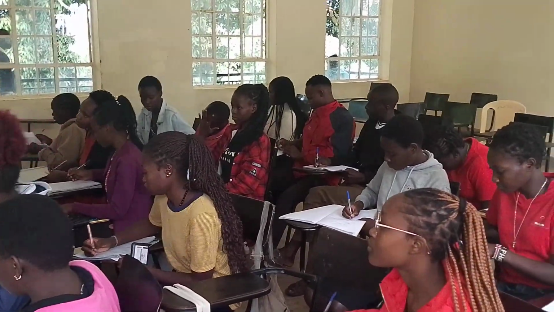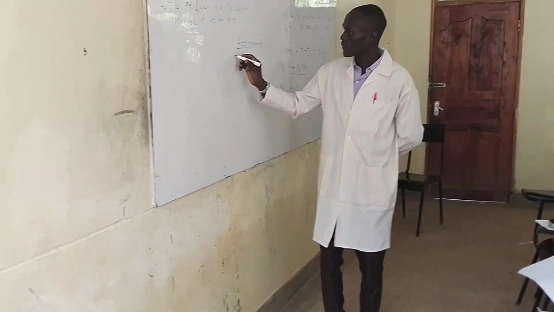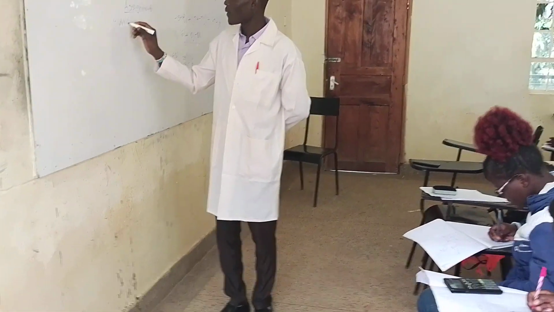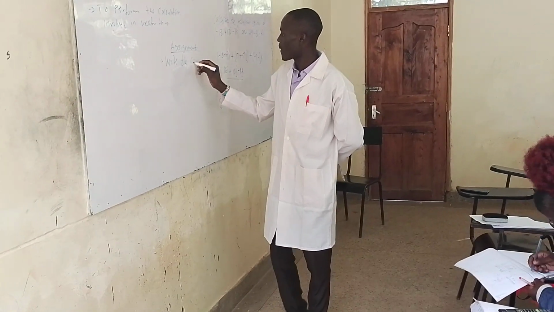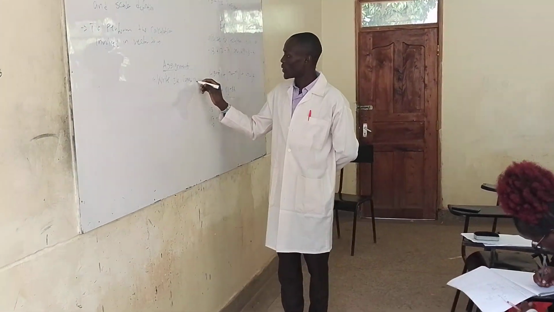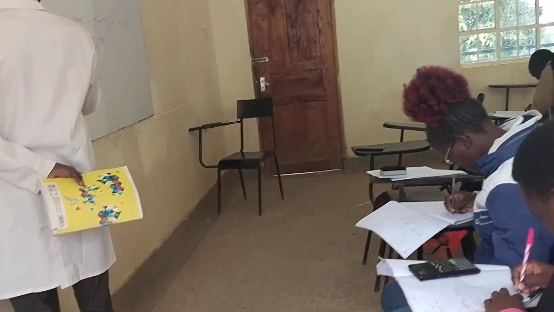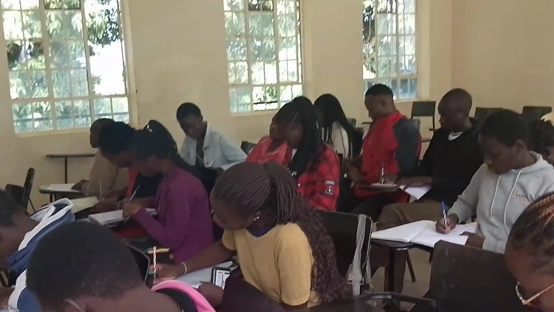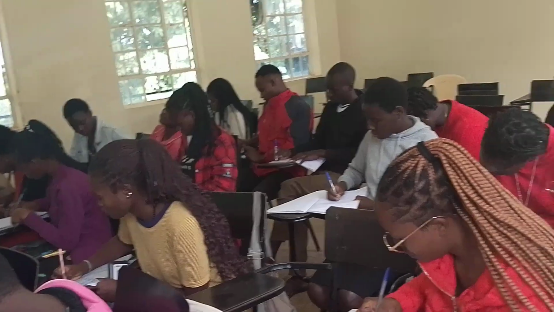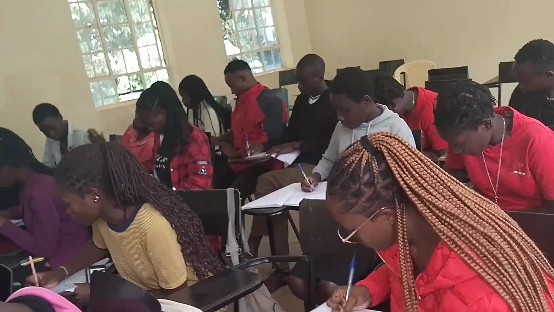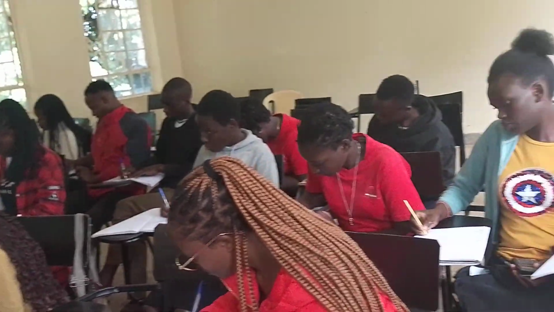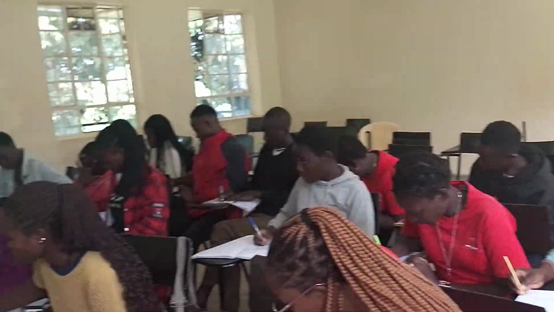Question number 1. Write the coordinates of the following vectors in unit form.